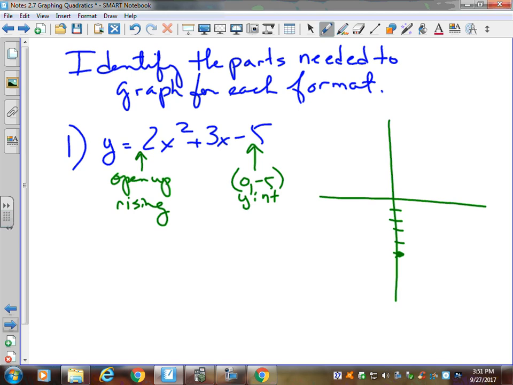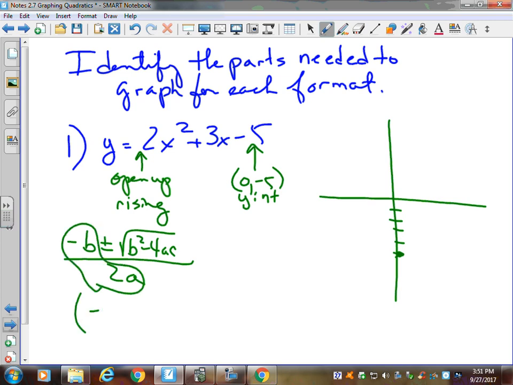Now back in Math 1, you may have studied the quadratic formula. And in the quadratic formula, this part out here at the front represents the x of a vertex. So we can find our vertex by knowing -1 times b over 2a.